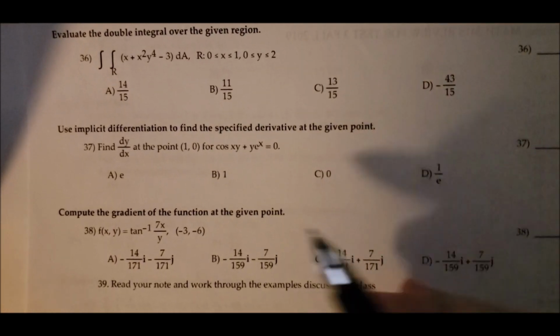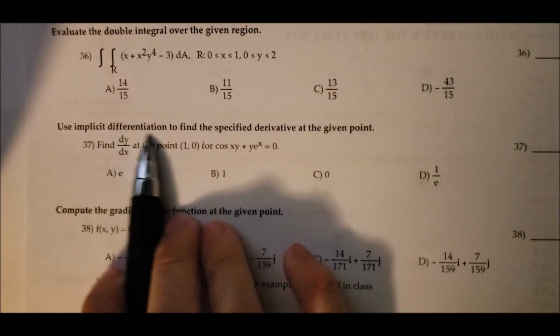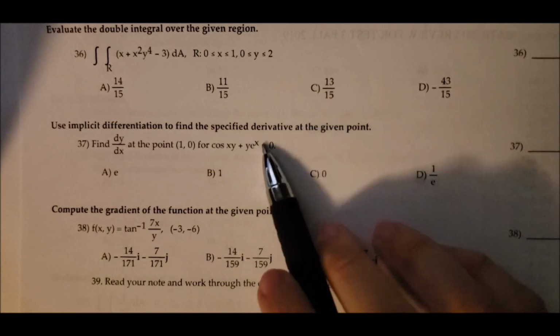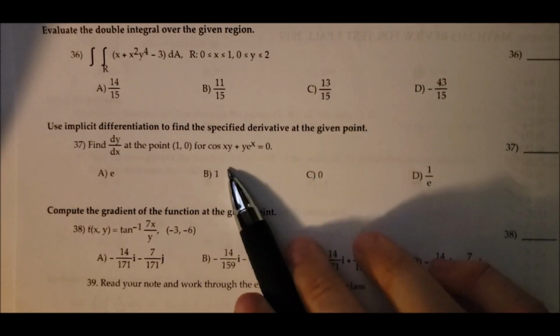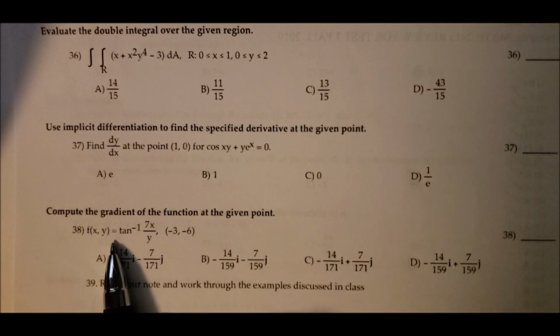And then 37 says to use implicit differentiation to find the specified derivative at the given point. Okay. So 37.